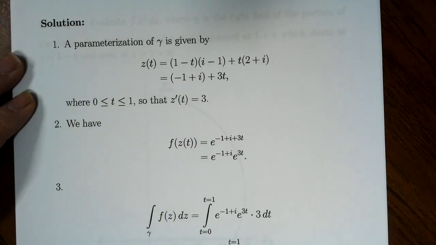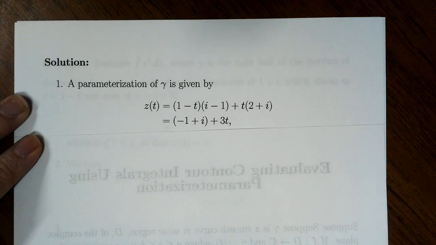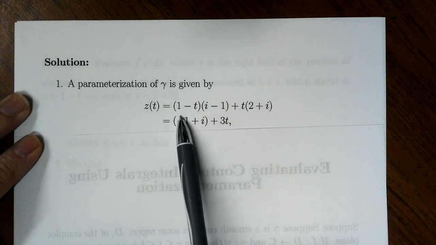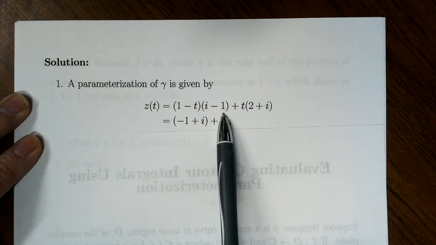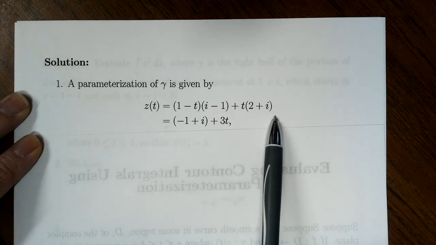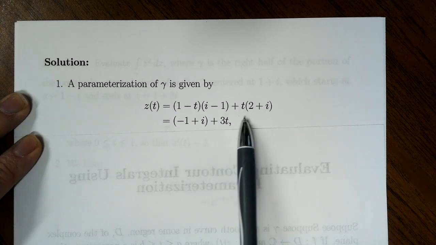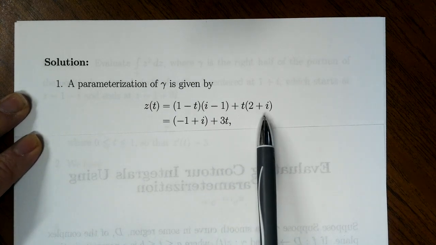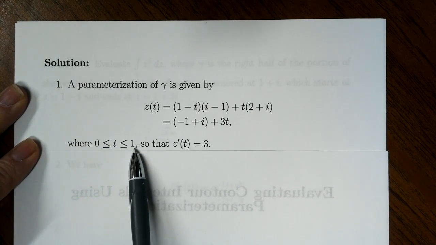The standard means of determining the parameterization of a line segment is to take the parameter 1 minus t, multiply it by your starting point, plus t times your end point. So (1 minus t) times (i minus 1) plus t times (2 plus i). And this assumes that t varies between 0 and 1.